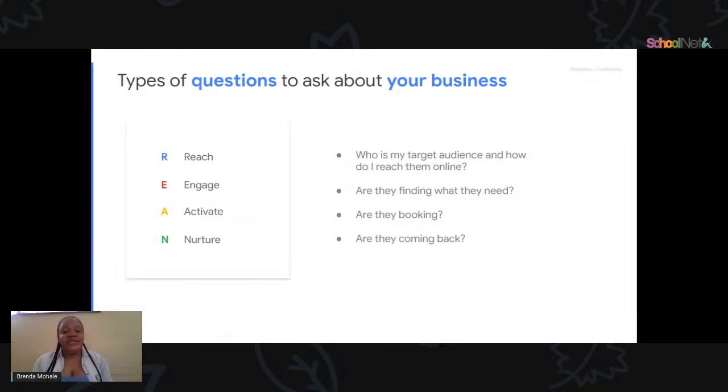So we have RAAN. RAAN means that you reach, you engage, activate, and you nurture. When you reach, you must know who is my target audience and how do I reach them online. When you are engaging, you are finding what they really need as your customers. When you activate, you look at bookings, how customers are reaching you.